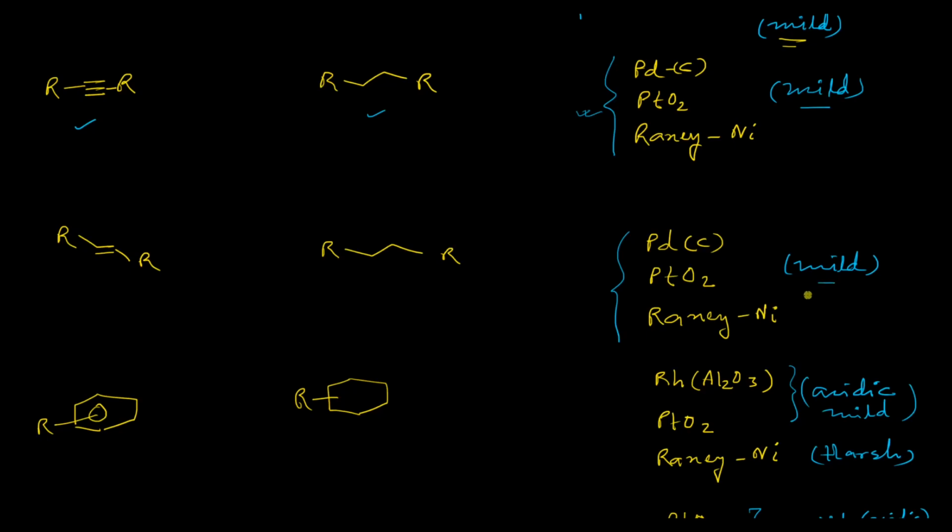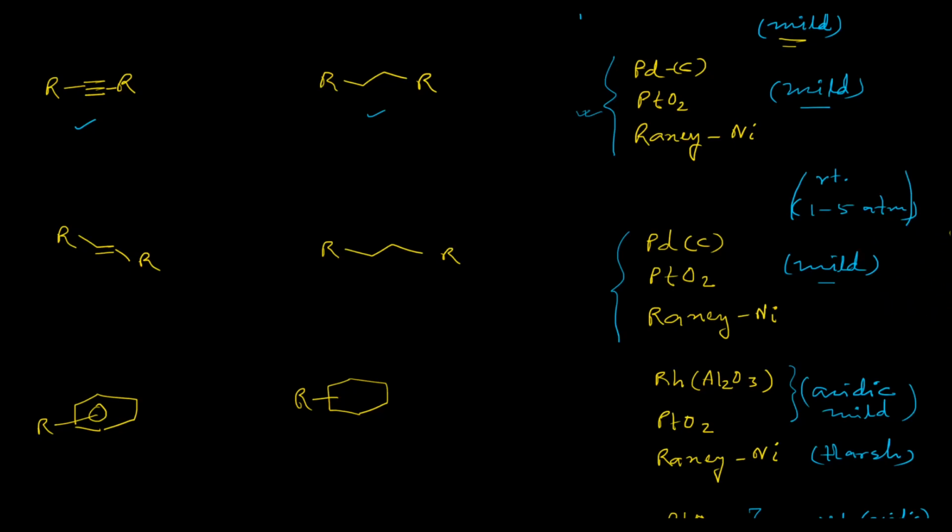Here also the condition will be very mild, that is low temperature or room temperature, and the pressure of the hydrogen gas will be within 1 to 5 atm. So mild means basically room temperature and 1 to 5 atmospheric pressure of the hydrogen gas, which we are using during the reaction.